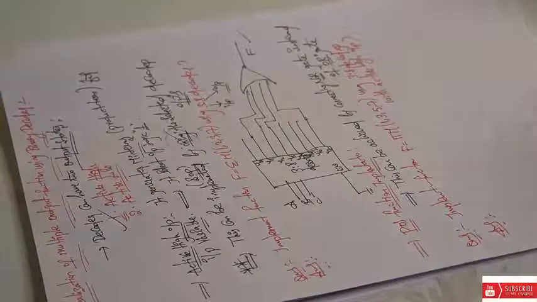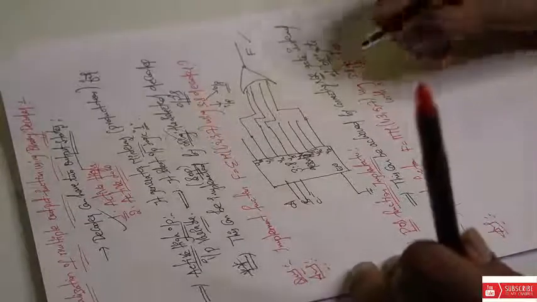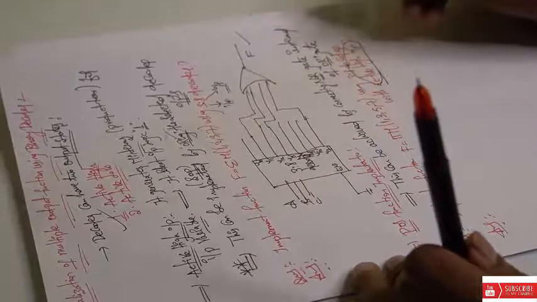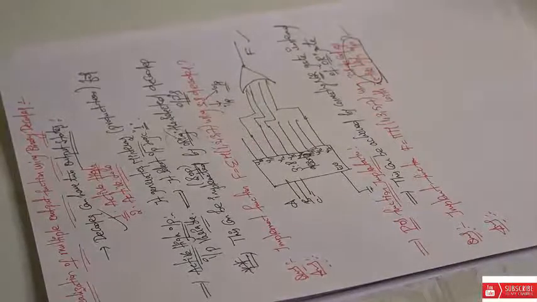In the examination, if they ask for active high output, you can draw the structure like this. If they ask for active low output, that structure will be different. See the paper to check how they ask, whether it will be active high output or active low output.